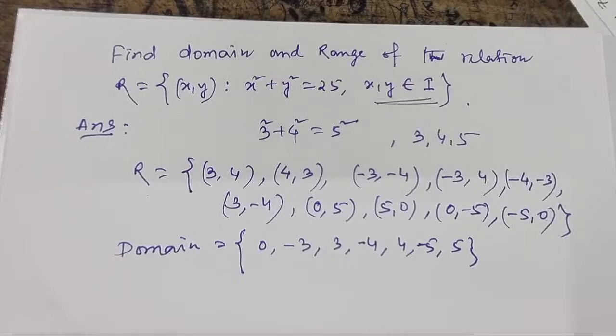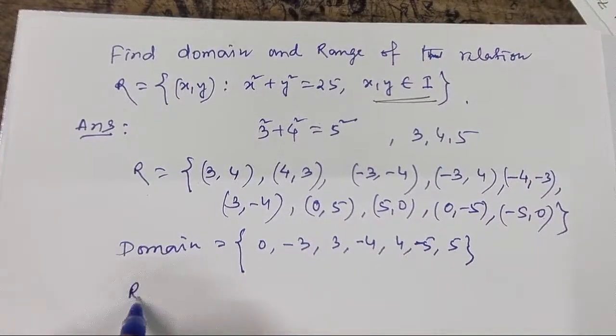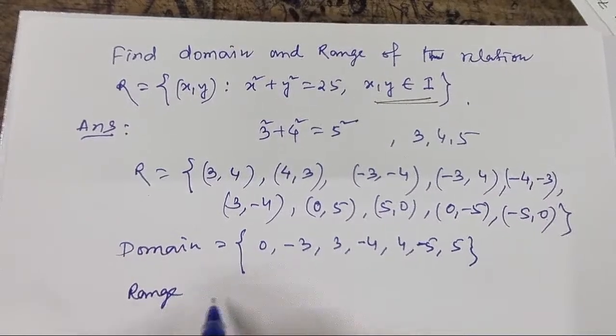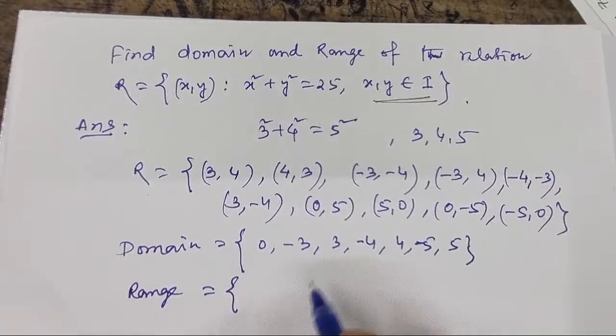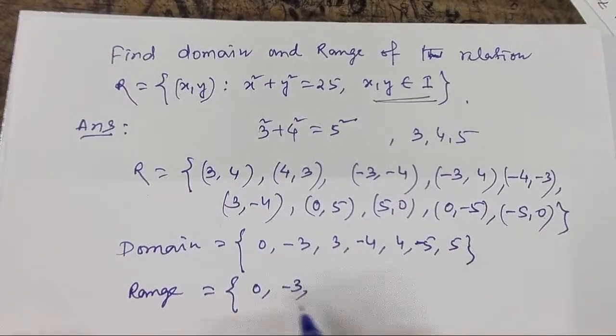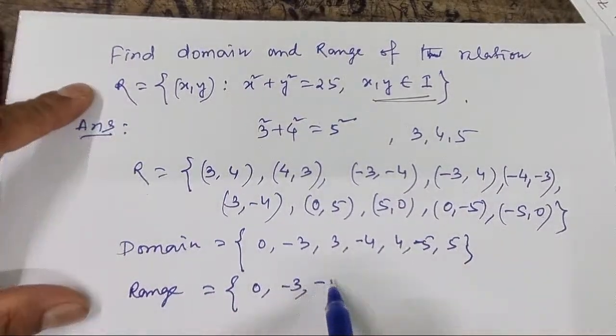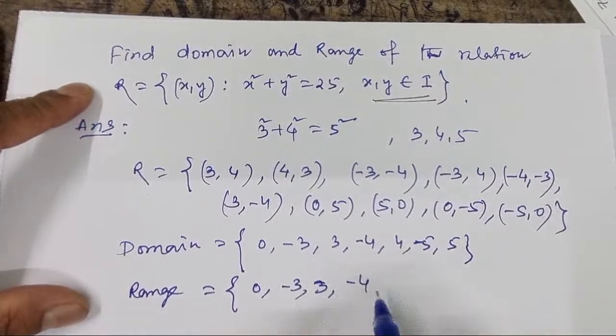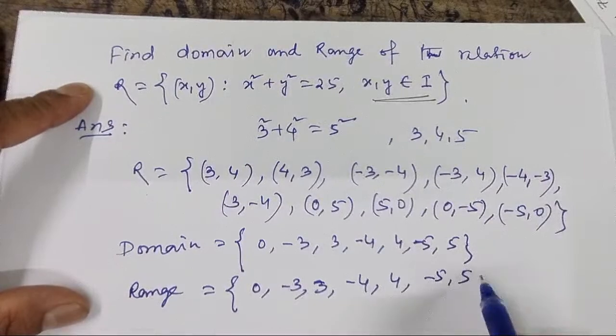Right? Now see, what is the range here? The range, same way you will get it. Right side also same: 0, minus 3, plus 3, minus 4, plus 4, minus 5, plus 5.